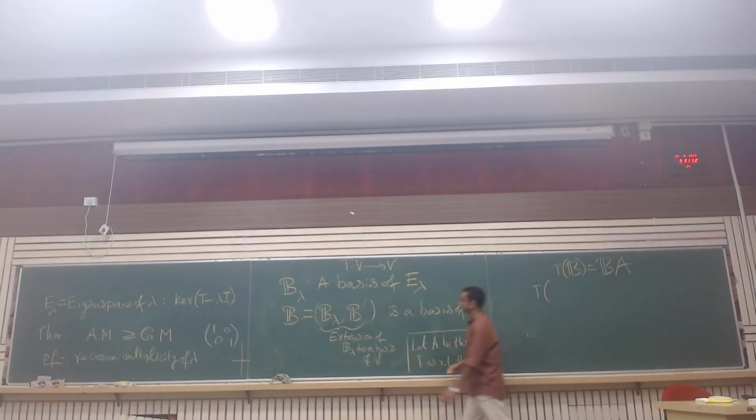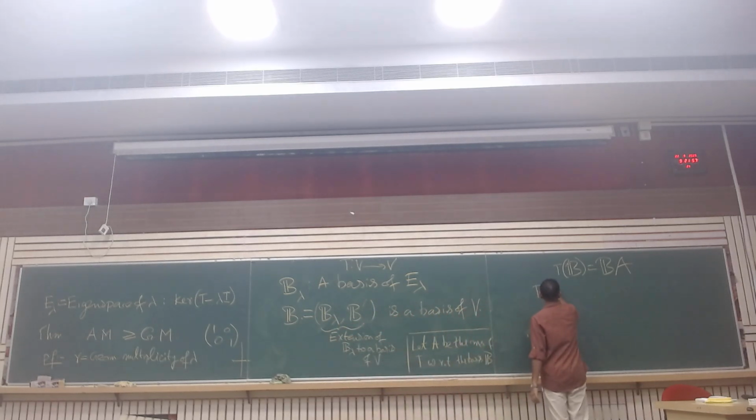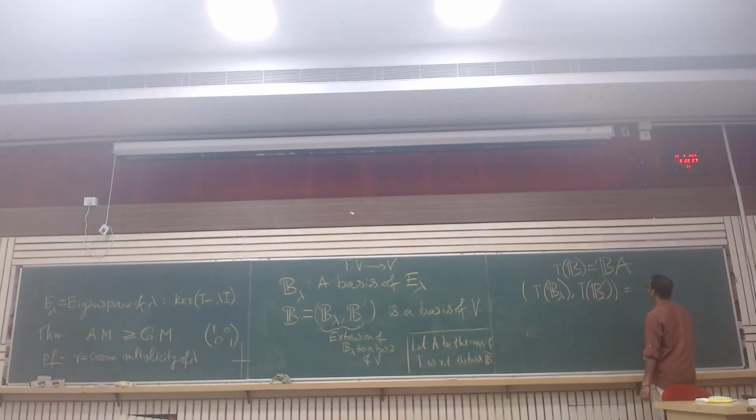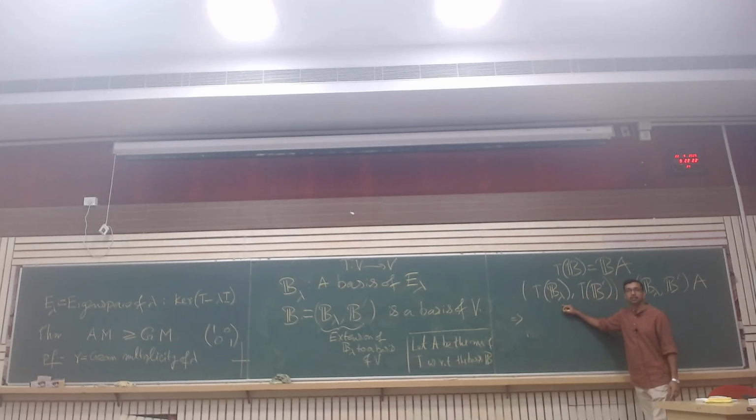I mean, T of B is just T of all the elements here and T of all the elements here. So you can write this as T of B lambda, comma, T of B dash, and here you have B lambda, B dash, and this matrix A, right? But what is T of B lambda? This was a basis of the eigenspace E lambda.